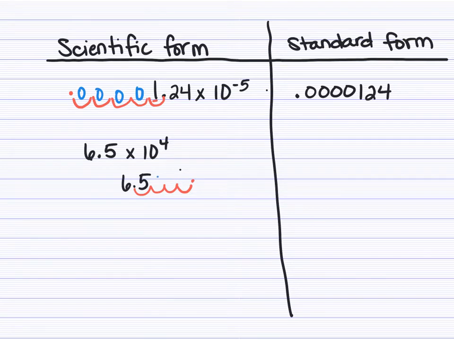So there's a 0 right here, 0, and a 0. So this number is actually equal to, I'm going to put an arrow here so you see how they match up, in standard form, 6, 5, and then those 3 zeros that we wrote down in blue. Really, this whole topic is about moving the decimal and understanding which way the decimal moves.